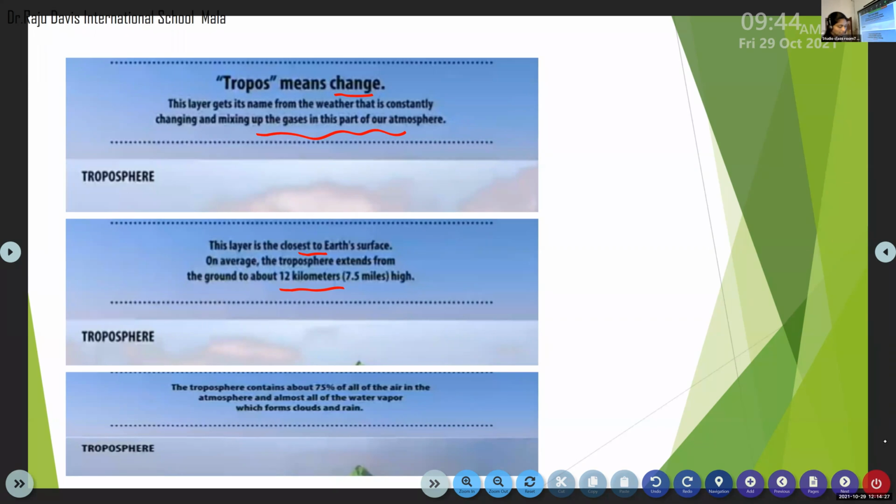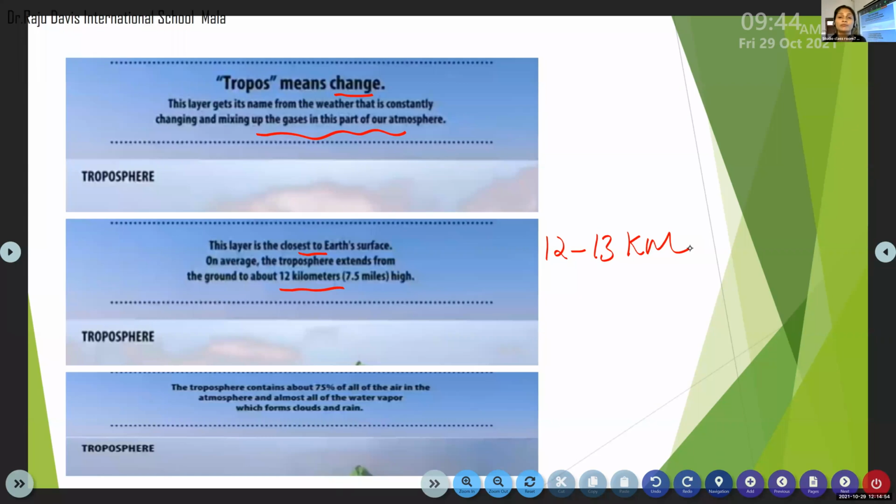The average height is 12 to 13 kilometers. The troposphere contains about 75% of all the air in the atmosphere and almost all the water vapor which forms clouds and rain.